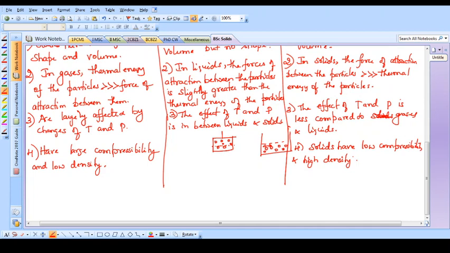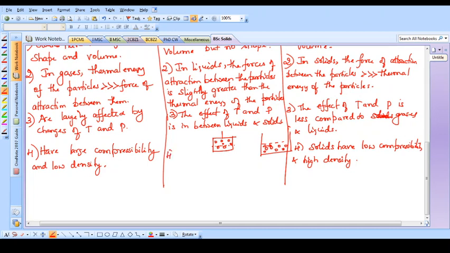Okay, so it is not possible to squeeze them much closer. So application of pressure has no such effect on the solid state. That is why solids have very low compressibility, and because there are a large number of particles in a given volume, they have very high density when compared to gases.